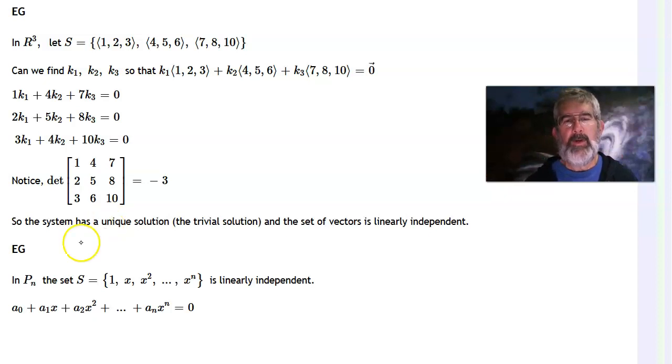Right? So the question now is, how can you take a0, a1, whatever, and get that to add up to the constant 0 function? Now, clearly, if you take all of those a's equal to 0, then you just have the 0 function. So that one works. Is there another way to do it? Well, if any one of those, for instance, if the a2 is not equal to 0, then this is a quadratic, or maybe more, but that quadratic term is going to make this thing go off to infinity.